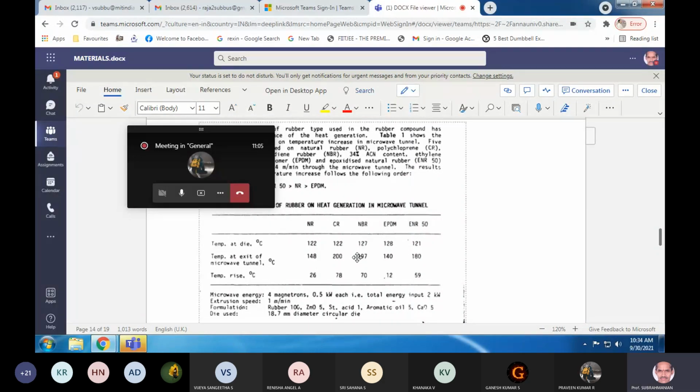And in this case, they have used calcium oxide. They studied the role of microwave energy radiation and the extrusion process in continuous vulcanization.